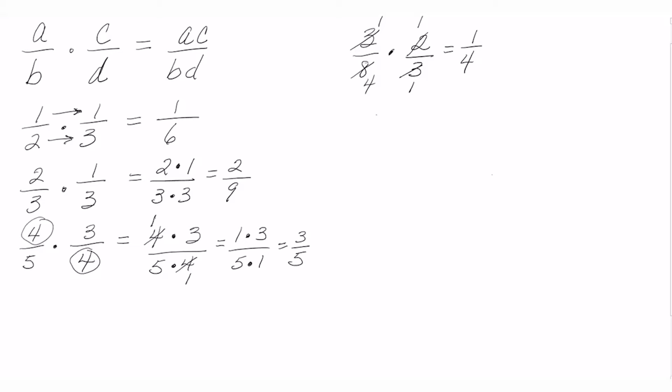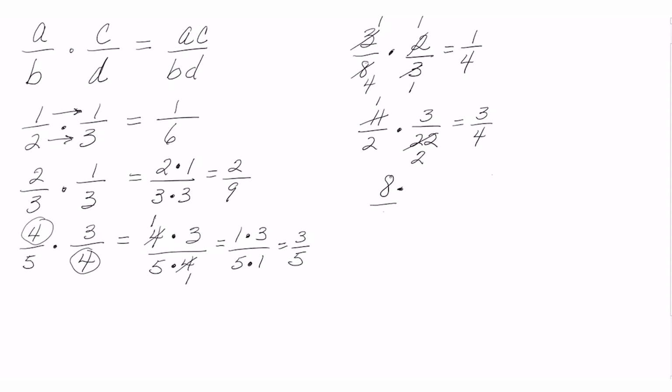So let's try another one. How about 11 halves times 3 over 22? Well, 11 goes into 11 one time, and 11 goes into 22 two times. So we're left with 1 times 3 is 3, over 2 times 2 is 4, so our answer winds up being 3/4. Let's do another one.